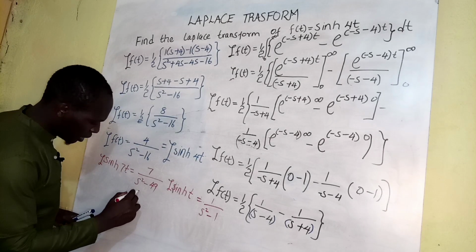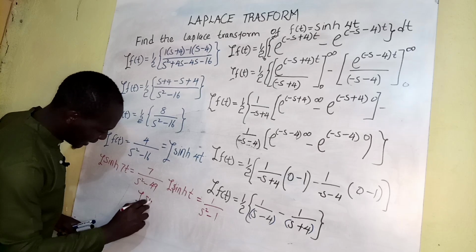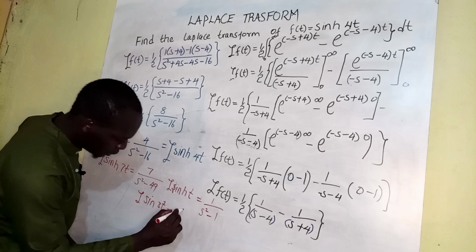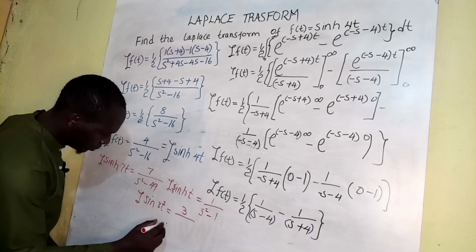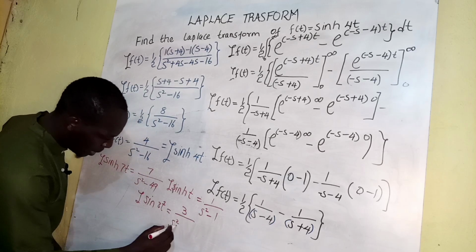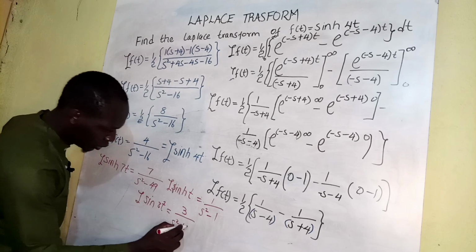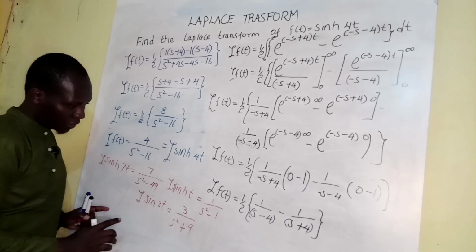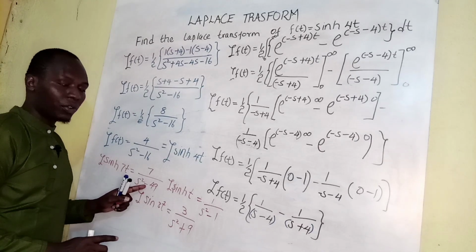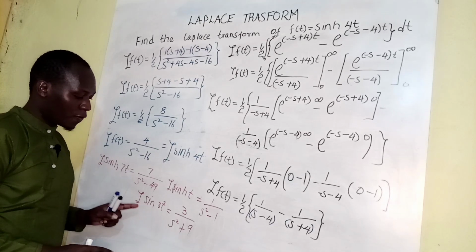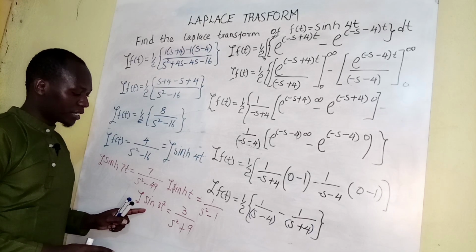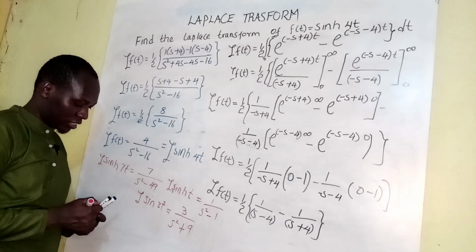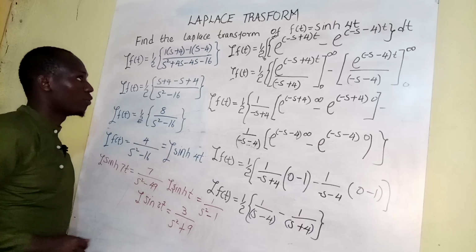When you've been told to find the Laplace transform of, let's say, sine 3t, you will find that it is equal to 3 all over s squared, we add to 9. To mean that for the hyperbolic function, here we are going to end up with a negative. For the trigonometric function of sine, here we are going to end up with a positive. And that is the distinctive characteristic between the two of them.